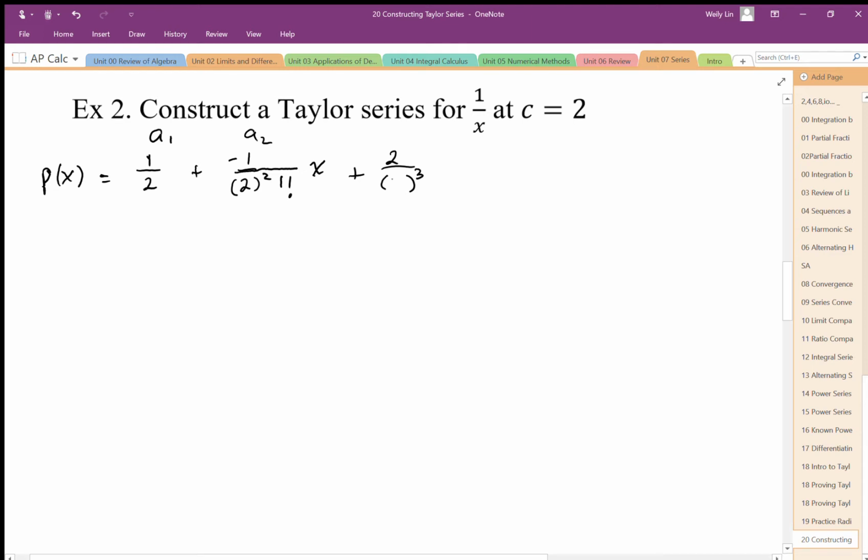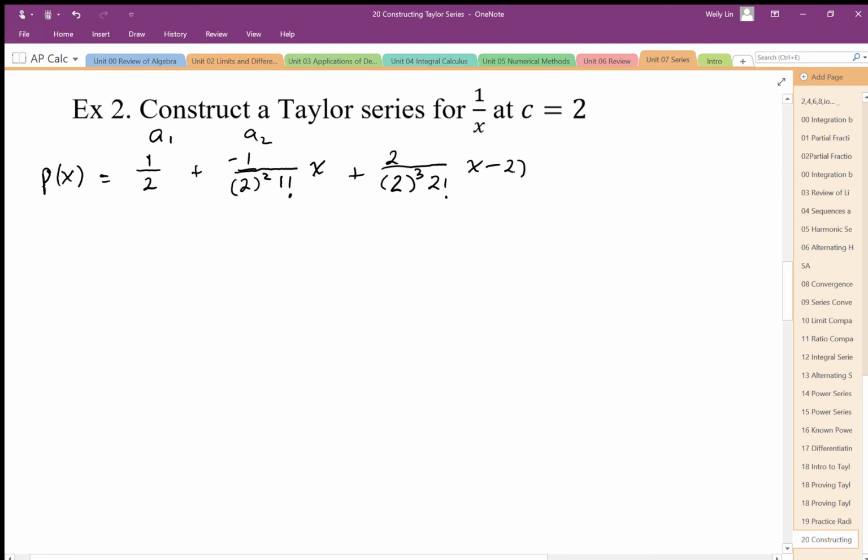I'm going to evaluate that at the center point c. Oops, I don't actually know the number c. So it's going to be 2. And then I'm going to divide by the 2 factorial to complete that term, the an term. And then I'm going to make sure I put my power series part.